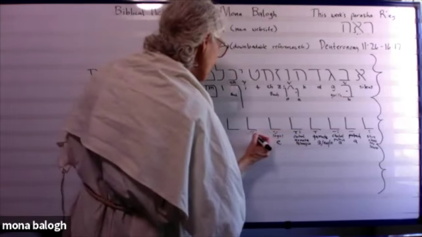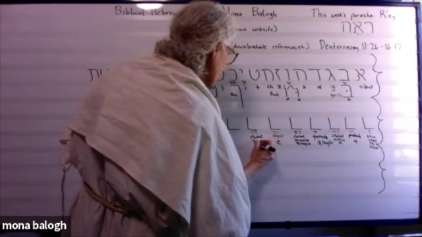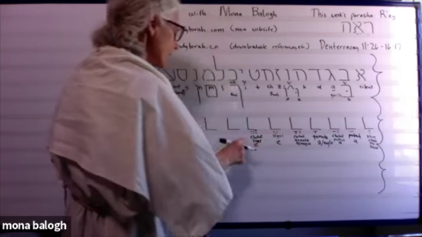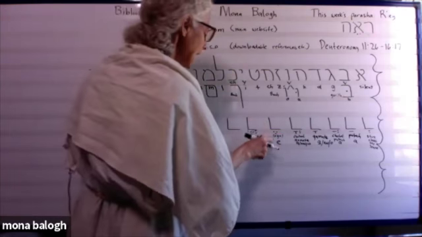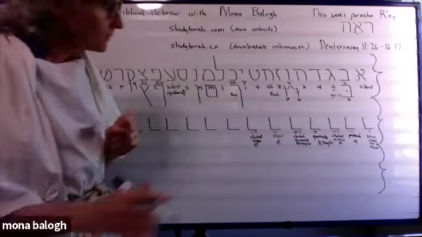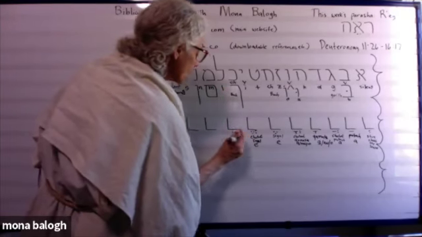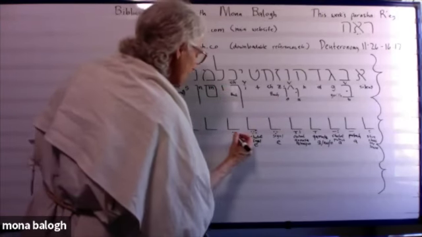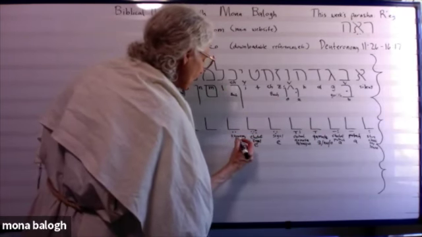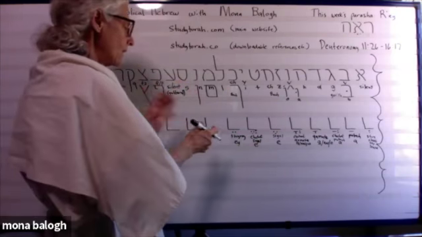Next, you have chatef segol. Also the short E, even shorter. Le, le. Next comes the R'ey. There's two dots, one next to each other. R'ey has the A sound, the long A or the EY.